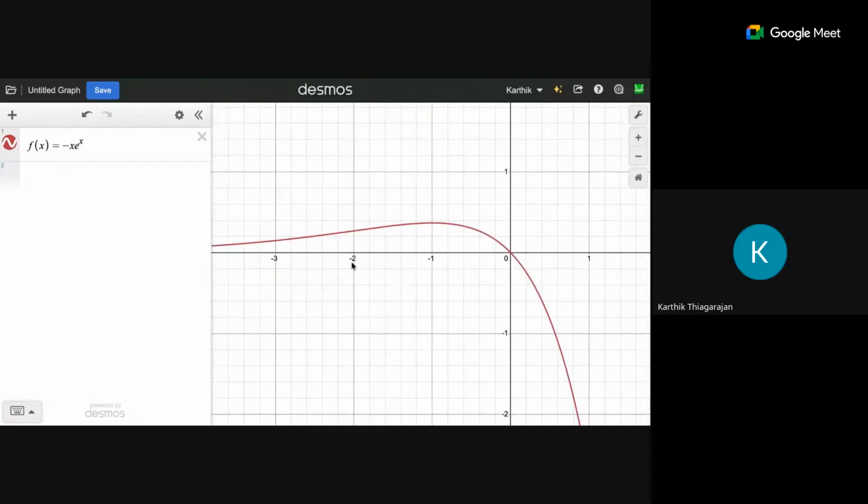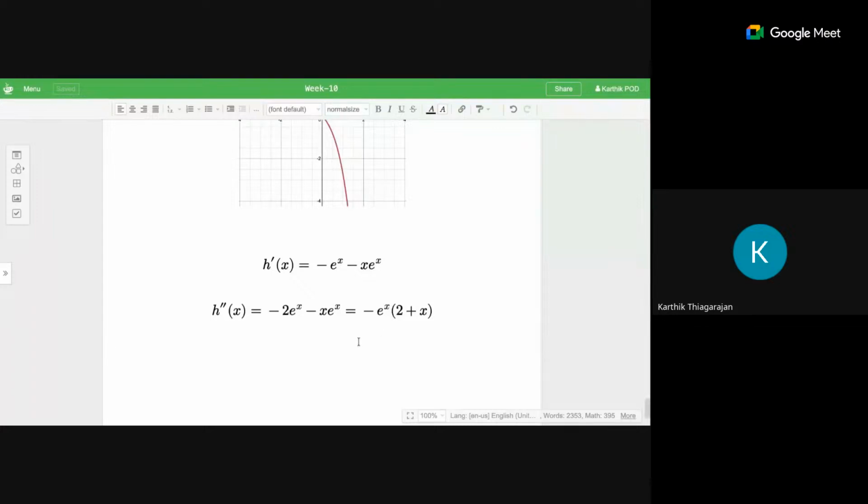In fact, from -2 to infinity, what can we say about the function? It is asymptotic to the axis. What I am saying is from -2 to infinity, can we say something about the function? I think we can say it's concave, right?